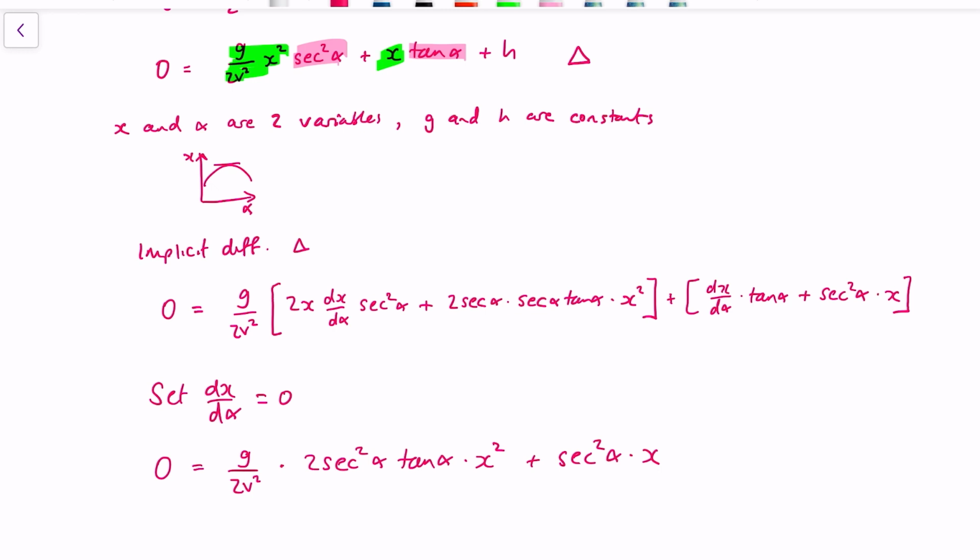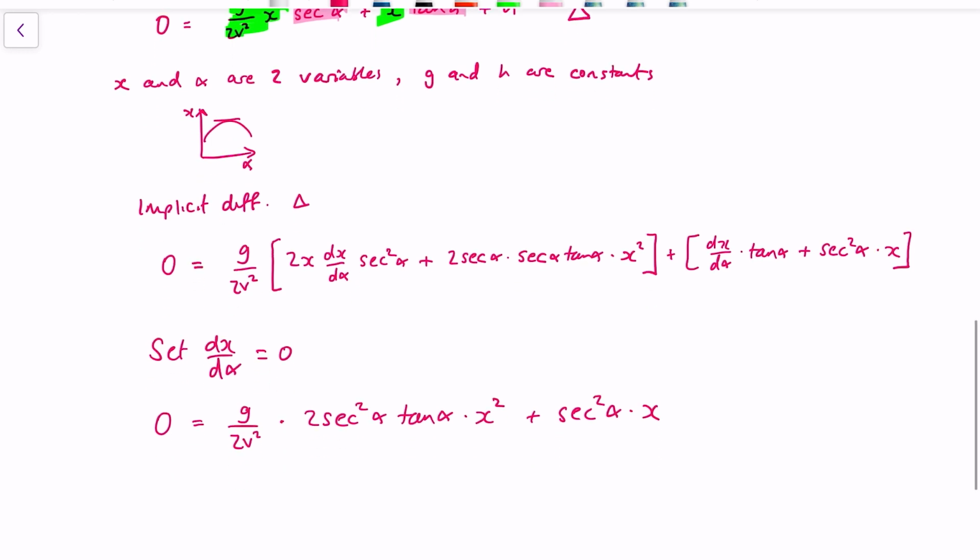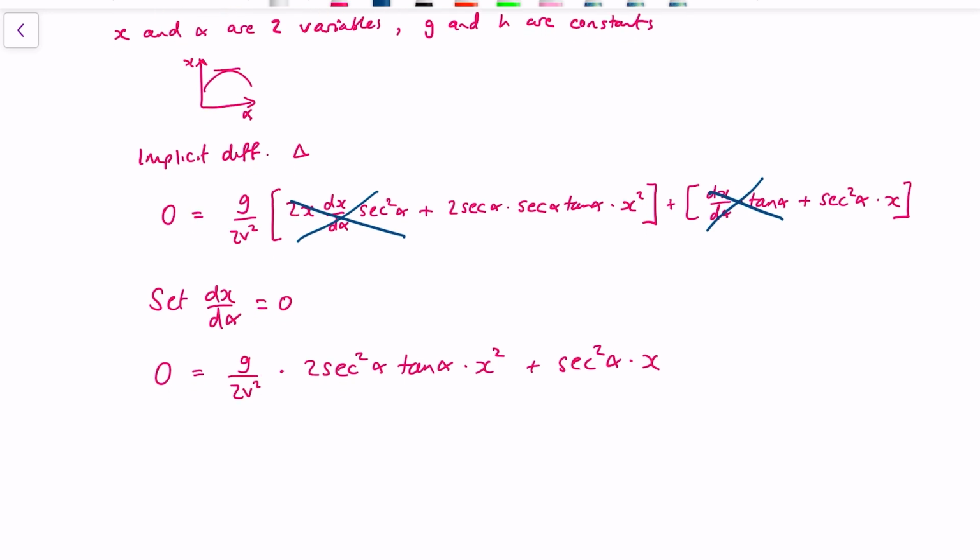Okay, has that worked for me? So I got rid of that whole term there, got rid of that whole term there, and okay, that's an equation where I can factor out some stuff. The 2's also cancel. I can factor out an x, and I can factor out a sec squared.